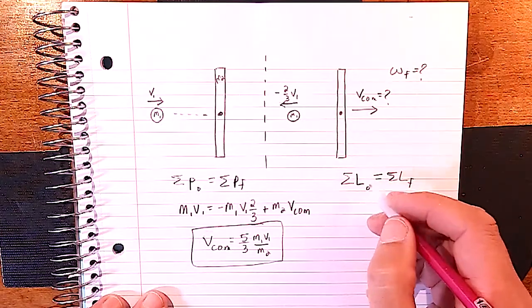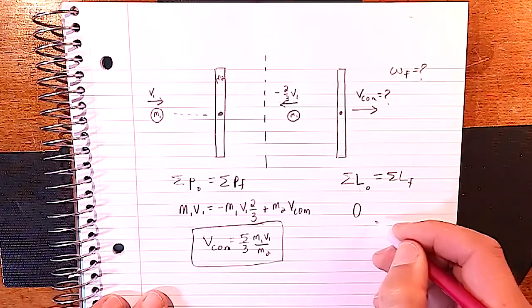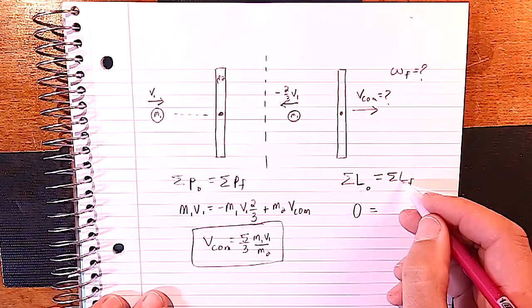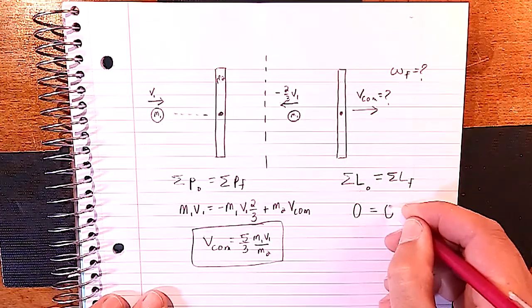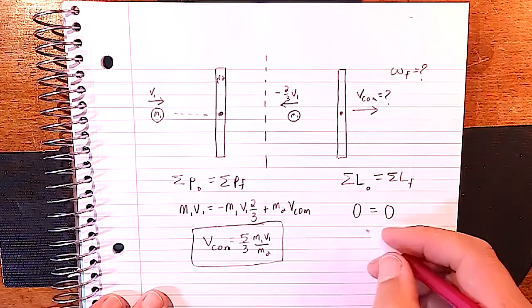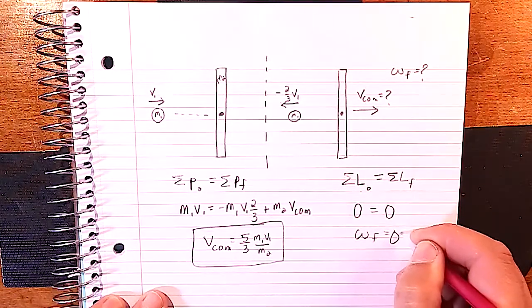So our initial angular momentum is 0. So that's going to be equal to the angular momentum final, which also has radii of 0. So that's going to be 0. So there's no angular momentum involved in this problem at all. So the final angular velocity is just 0.